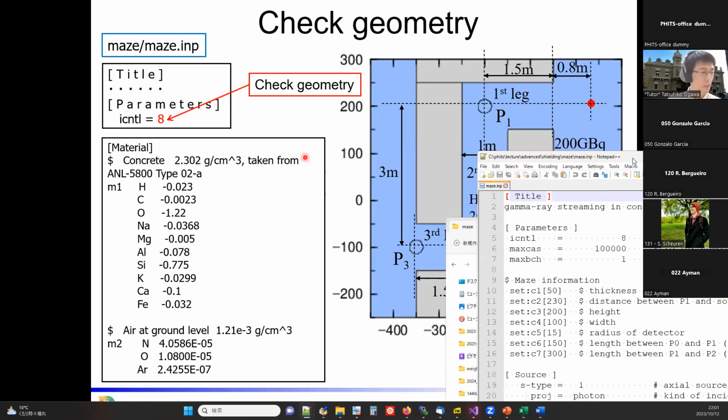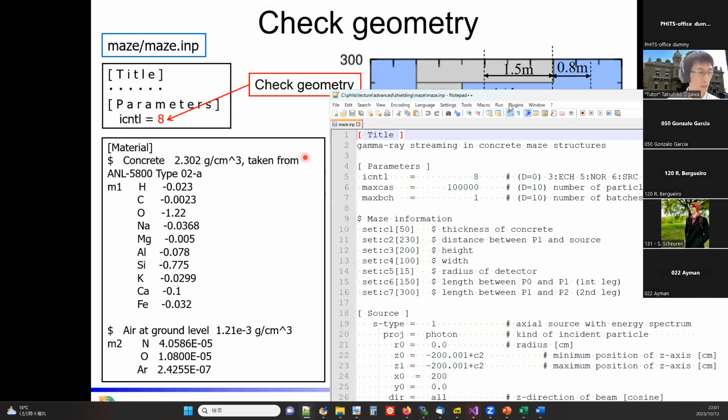This is the starting point of the maze.inp file. For the first step, let's run this input file without changing anything.